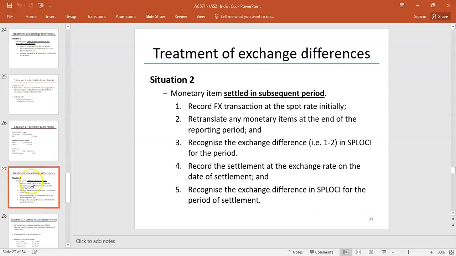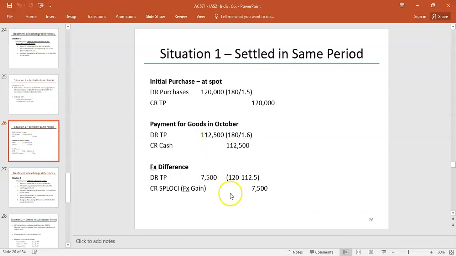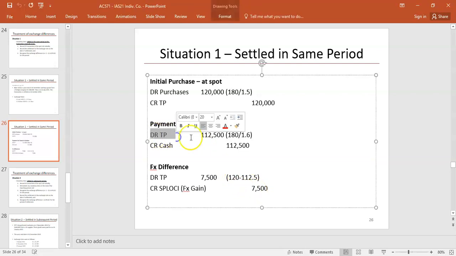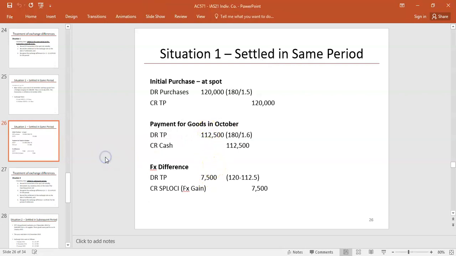So if we go back here and have a look at the answer, they've just done it separately. You can net them together. They debit trade payables, credit cash 112. They debit trade payables 7.5, and they credit the P&L 7.5. So we've just done those trade payables as a single entry of 120 as opposed to splitting it, but either one is fine. And if you want to put a little note, there is no retranslation at the year end because there's nothing to retranslate.